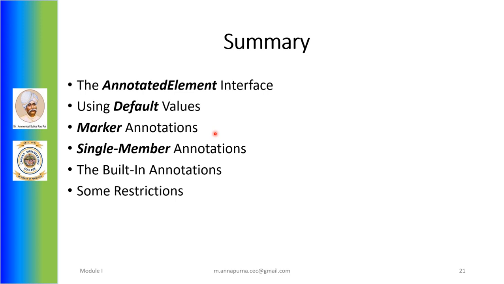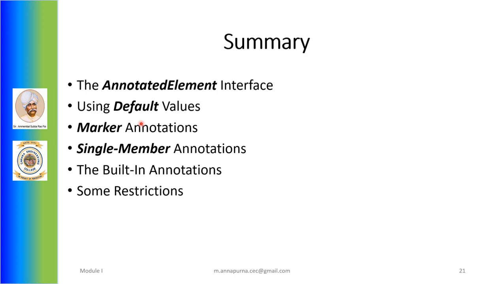Before we conclude, we will have a quick glance at the topics that were discussed in this video. In this video lecture, we have briefed about the AnnotatedElement interface, wherein we discussed some methods defined by the AnnotatedElement interface, which is defined in java.lang.reflect.